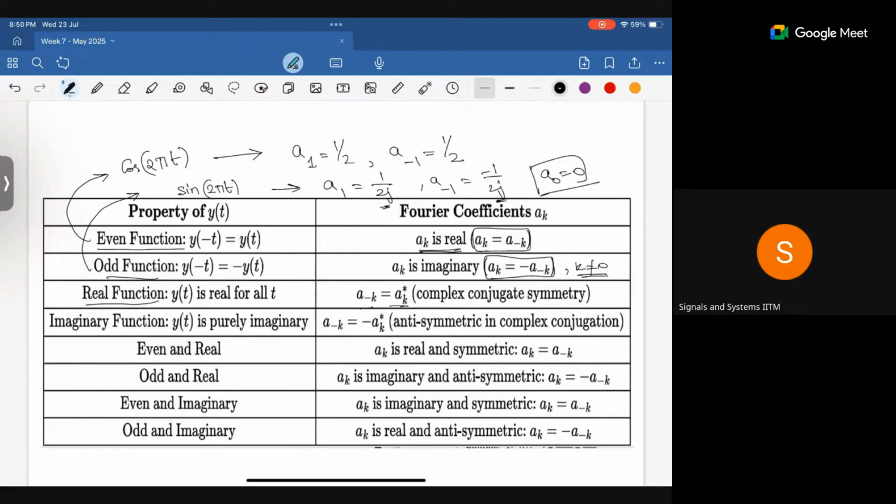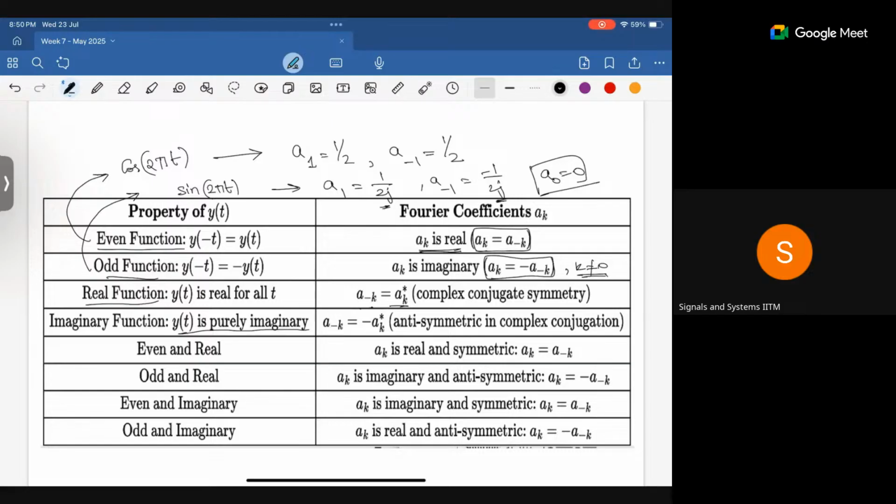So if it is a real signal, then our Fourier coefficients will be complex conjugates of each other. If it is a purely imaginary signal, this we haven't done, but you can try it out. It will be antisymmetric, conjugate antisymmetric. Okay, CA, not CS.